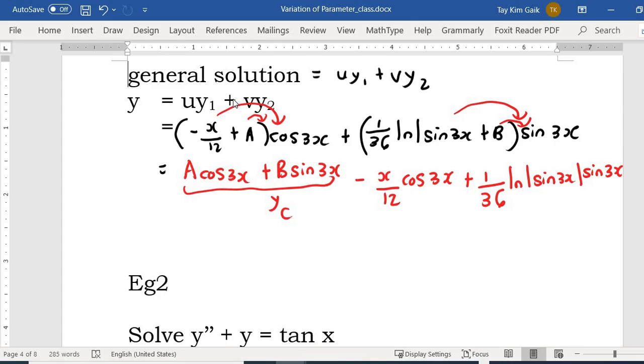So this is the solution by variation of parameter, and this part looks like the yp in undetermined coefficients.